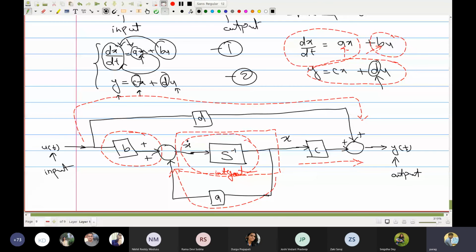This is the input output block diagram for a state space model. Single input, single output.